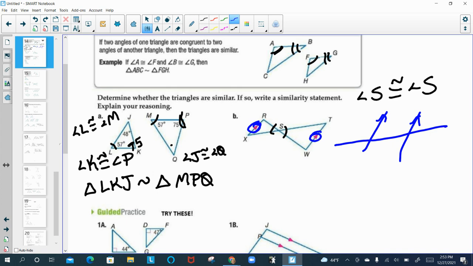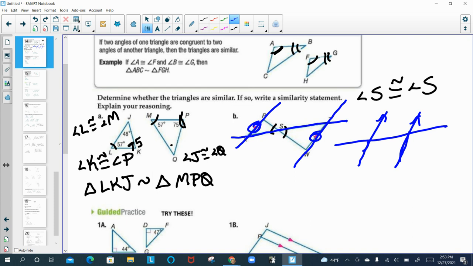I'll make XT my transversal. Make that just a little bit longer. And what they're trying to get you to see is that these triangles are actually going to resemble the picture that I just drew on the right.